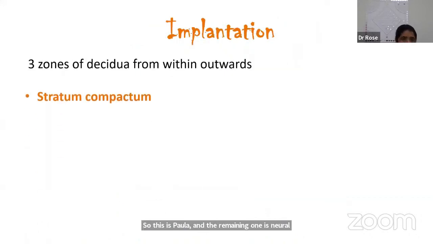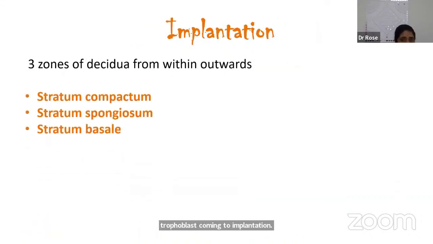Coming to implantation. There are mainly 3 zones of decidua from within outwards. When we talk about the endometrial lining of the uterus, there are mainly 3 layers: stratum compactum, stratum spongiosum, and stratum basale. From the outer aspect going deep, the outermost one is stratum compactum, then the spongiosum, then the basale.